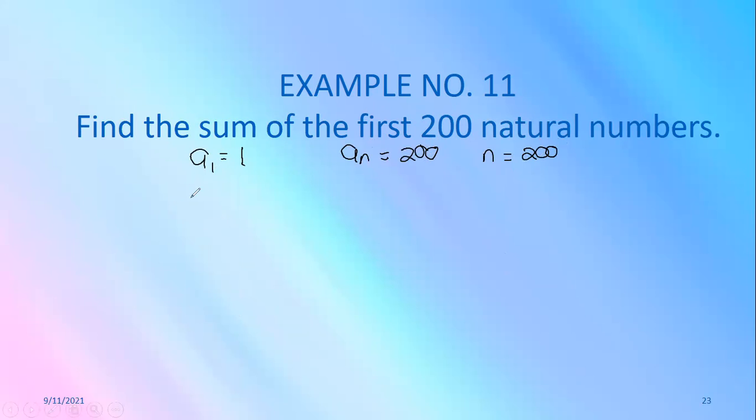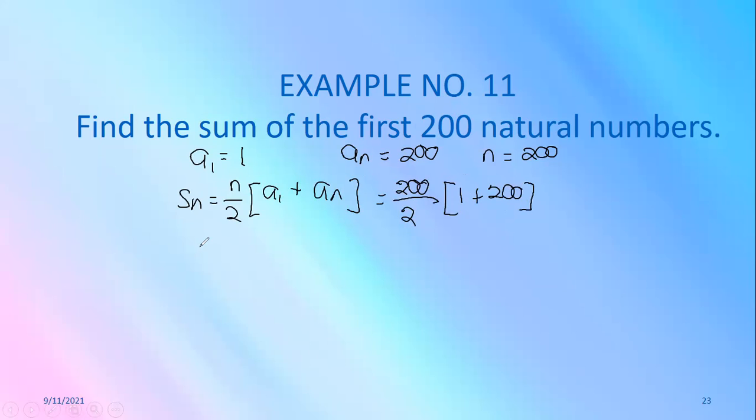So ibig sabihin, gagamitin pa rin natin yung formula, yung S sub n, which is equal to n over 2 multiplied by a sub 1 plus a sub n. So this is equal to 200 over 2 multiplied by 1 plus 200.